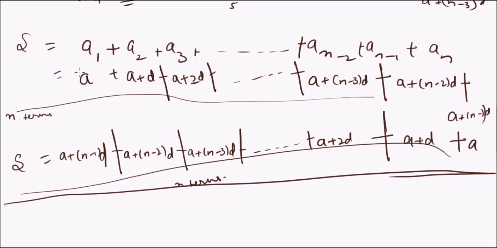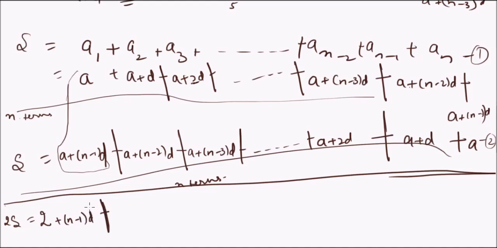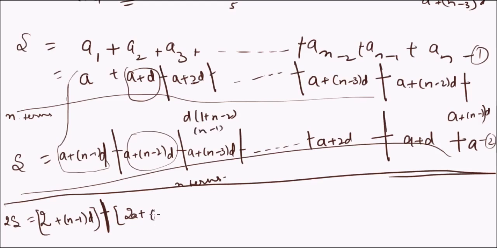If we add the first and this second series, we get 2S at LHS, and at the first term, A plus A will become 2A, and the rest part is N minus 1 into D. Similarly, for the second part, we have A plus A as 2A, and if we take D as common, we will get 1 plus N minus 2, that is N minus 1. So again N minus 1 D.